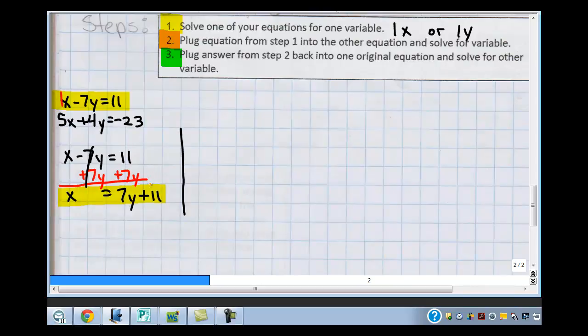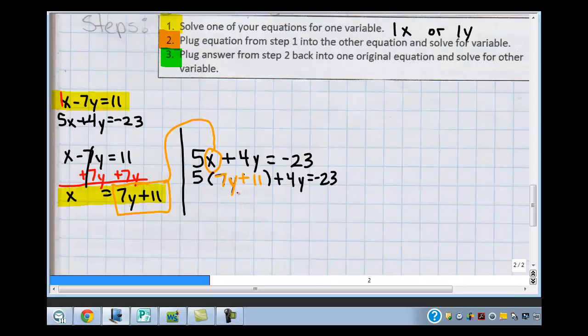So at this point, we're going to take our 7y plus 11, this is the second step, and plug the equation from step 1 into the other equation and solve for the variable. So if we used x minus 7y equals 11 for the first step, then we're going to use the other equation for the next step. So we're going to plug 7y plus 11 in for x and then solve for y.